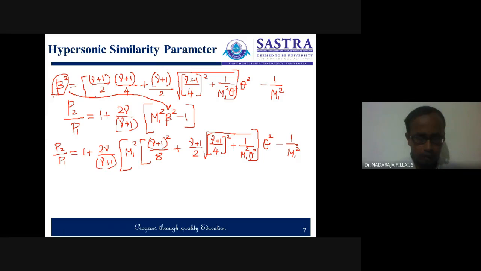So we have a point that M1 is very much greater, right? So M1 square is very much greater when compared to 1. So the Mach number is very high, very high Mach number, right?